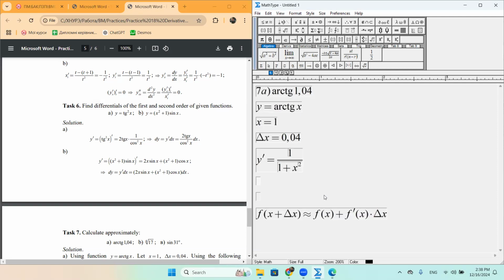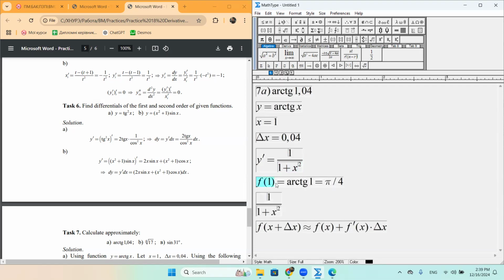So f of 1 equals arctangent of 1, and it equals pi by 4. And the derivative is the following: 1 second.